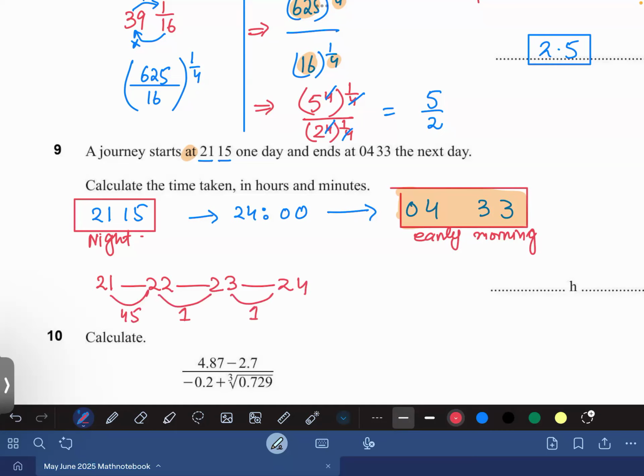Agree everybody or not? So technically, Ramin, it is 1 plus 1, 2 hours and 45 minutes. Agree? And 4 hours and 33 minutes here. If I add both of them, 5 plus 3 is 8, 4 plus 3 is 7, 2 plus 4 is 6. It is 6 hours and 78 minutes. I am going to take 60 minutes from them so that it is 7 hours and 18 minutes.